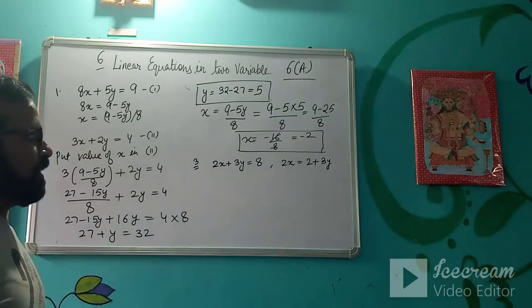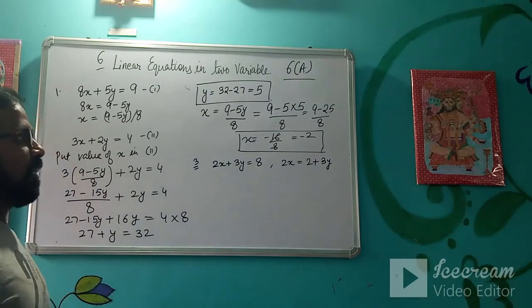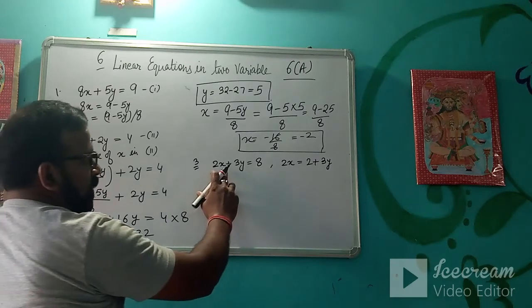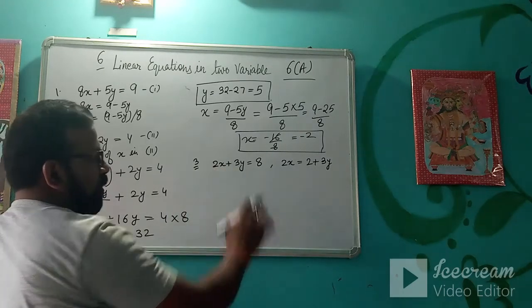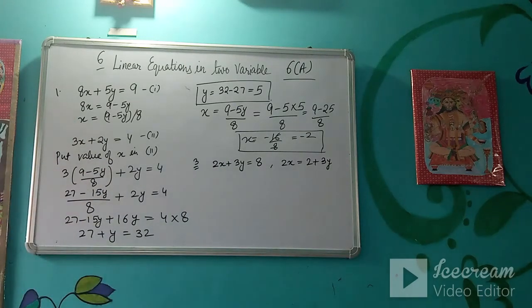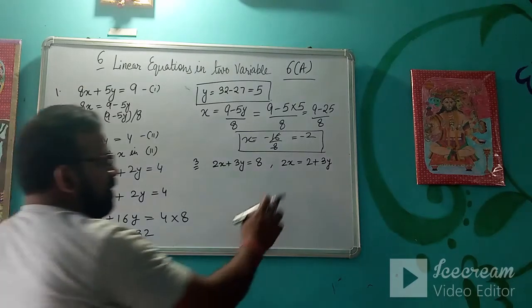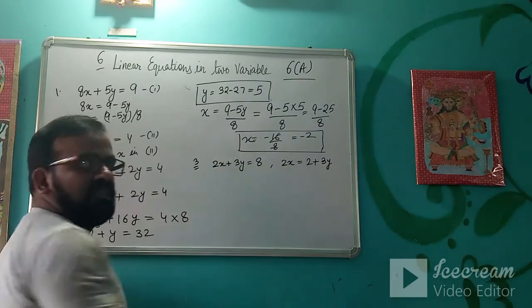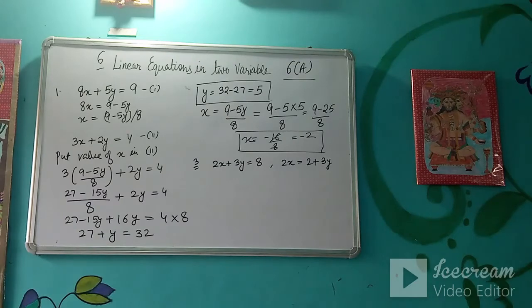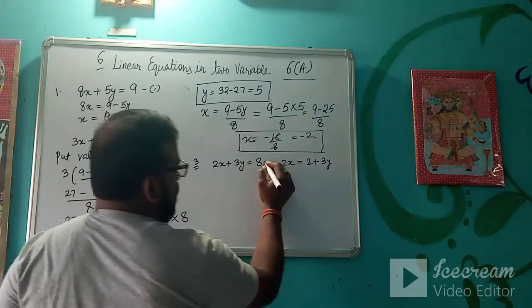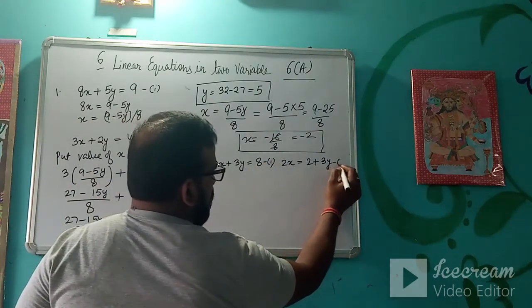So instead of taking out the value of x or y, what we will do is simply put the value of 2x in this equation. This is my first equation, this will be my second equation.